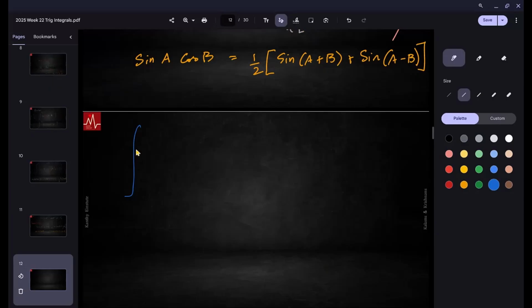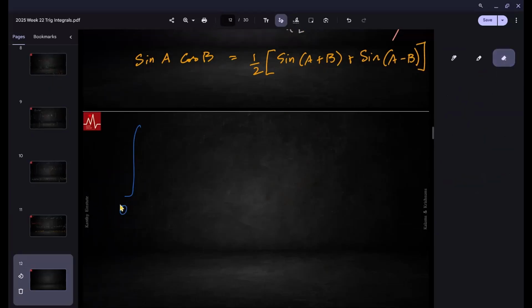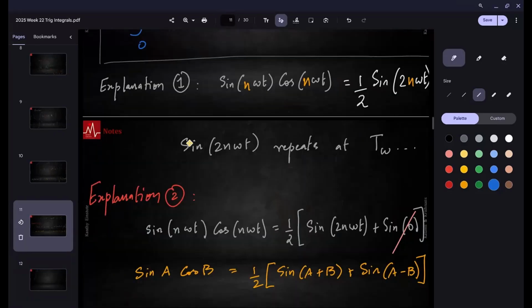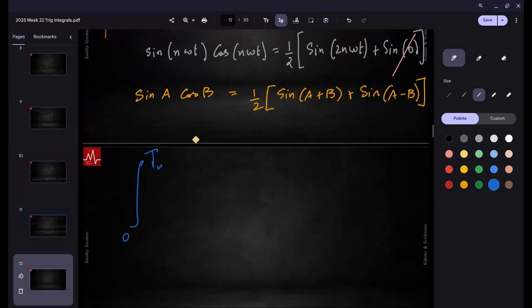Integral 0 to T, where T is 2 pi by omega. No color coding this time.